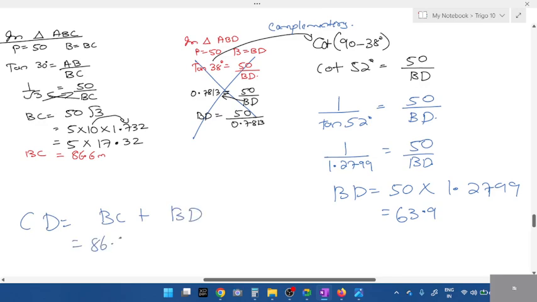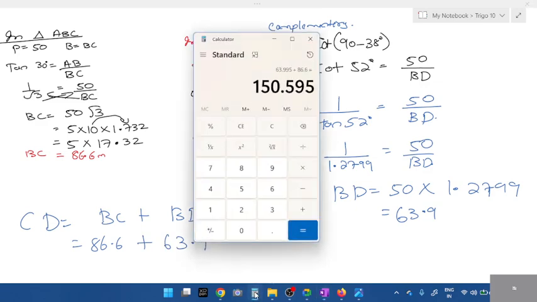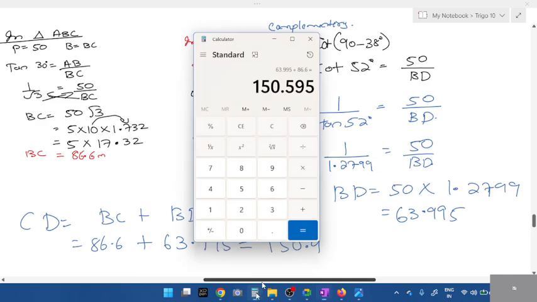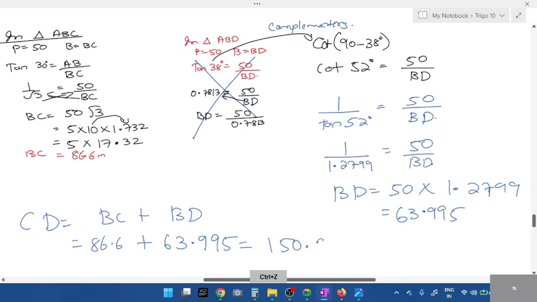That is equal to 86.6 plus 63.995. So as soon as you write tan 38, if any decimal value is getting divided, ignore that, students.